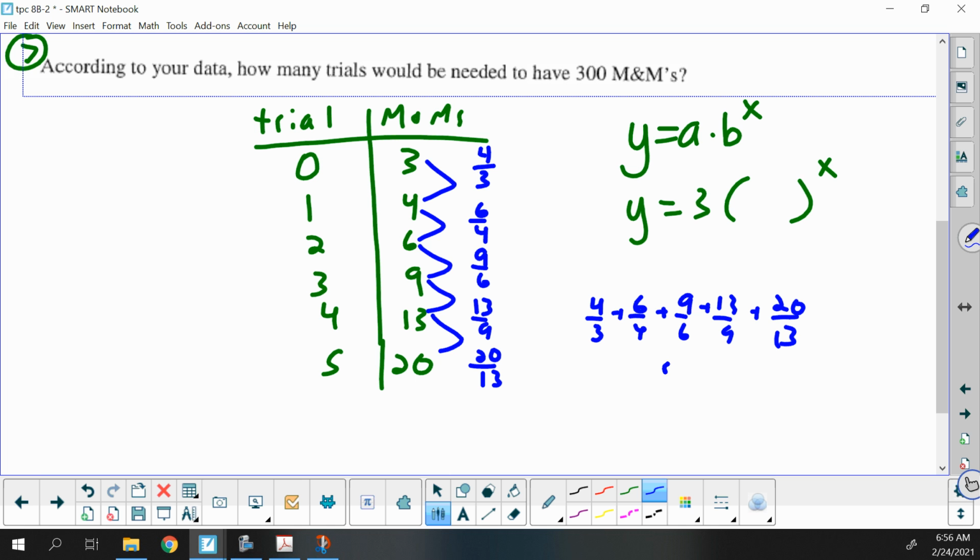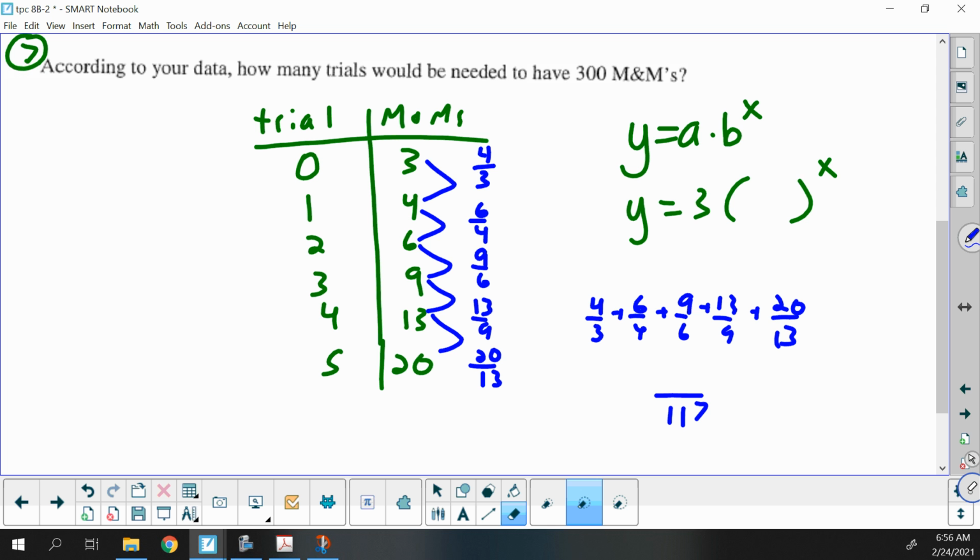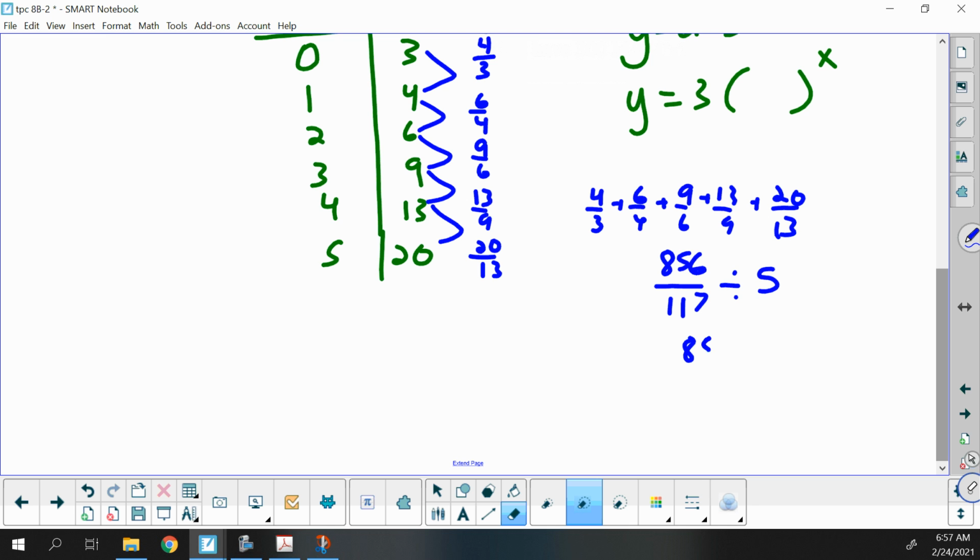When I added those up, I got 856 over 117. So I need to now divide this. There's 1, 2, 3, 4, 5. When you take an average, you divide by how many there are. So notice I'm dividing by how many successive ratios there are. There's 5 successive ratios, so I'm going to divide that by 5. And that gives me 856 over 585.